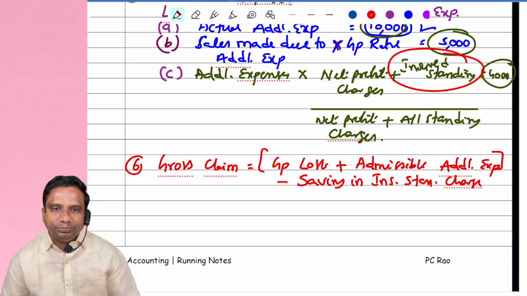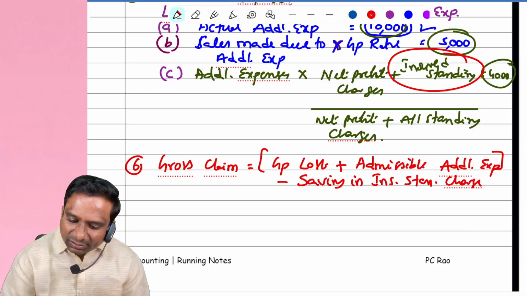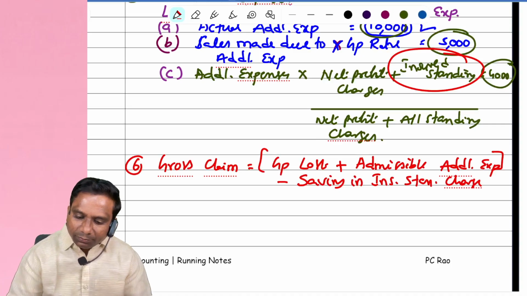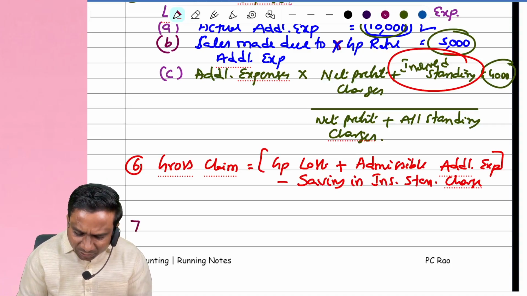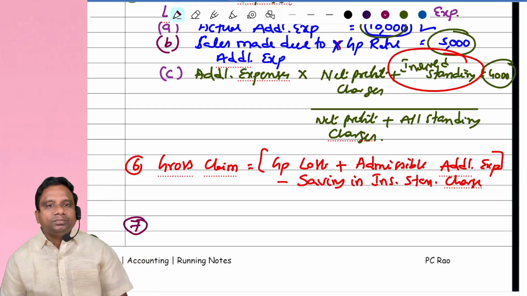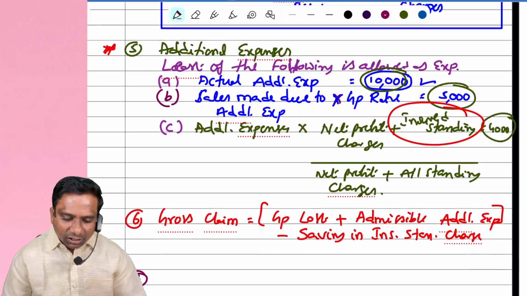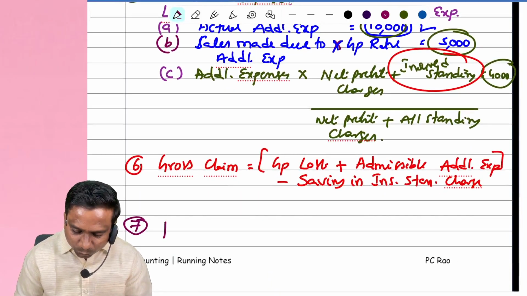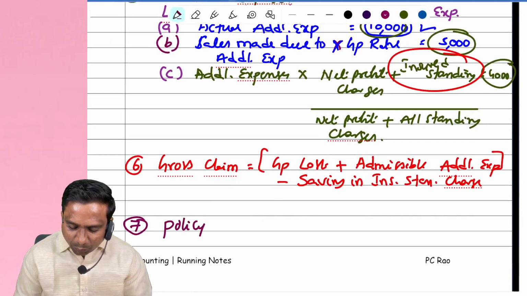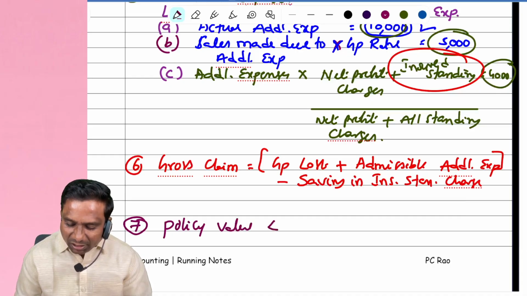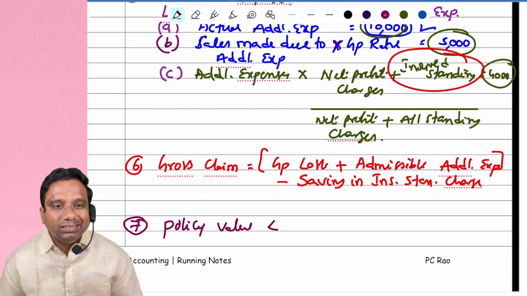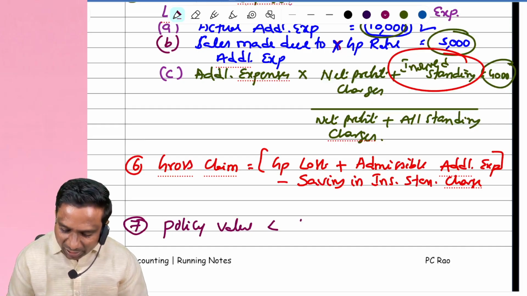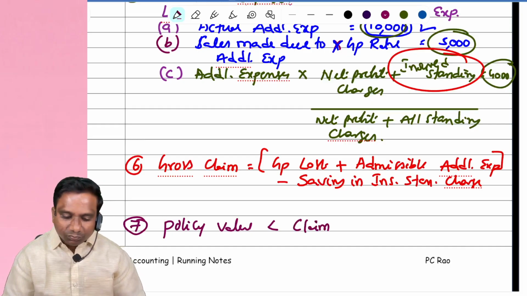Gross claim. Next, the seventh step is very, very important. Here, what is our gross profit lost? So we check the policy value. Suppose policy value is less than the claim amount.